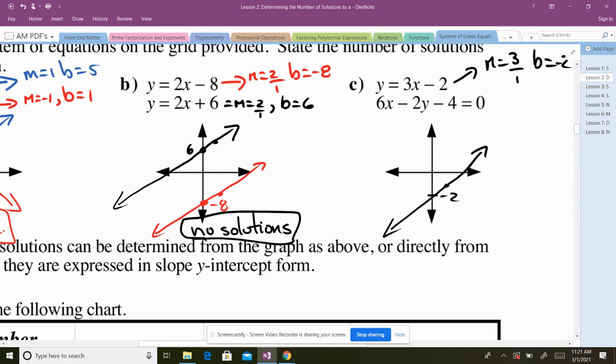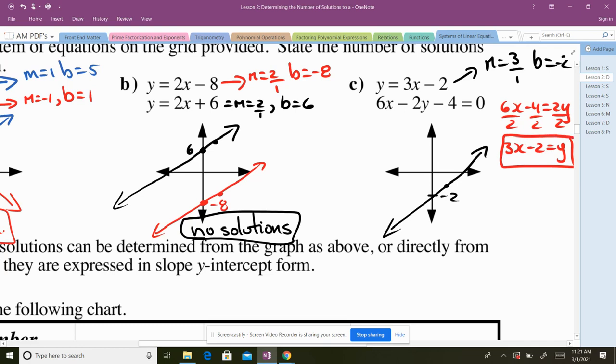Okay, what do I have to do to this standard form one that we don't like? You got to manipulate it. So I'm going to move the 2y over there and get 6x minus 4 is equal to 2y. You don't want 2y, you want y. So how do I get rid of the 2? That's correct. So then I end up with 3x minus 2 is equal to y.